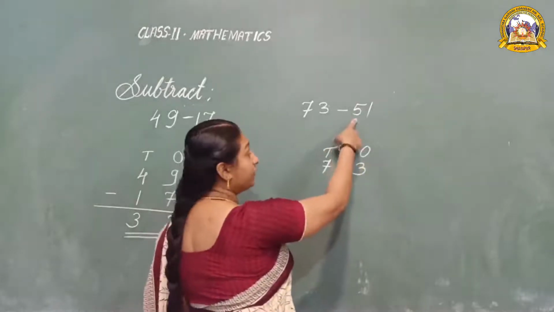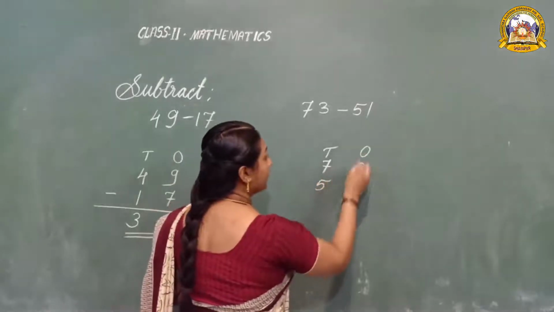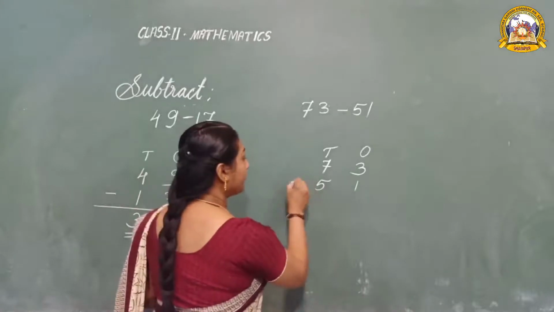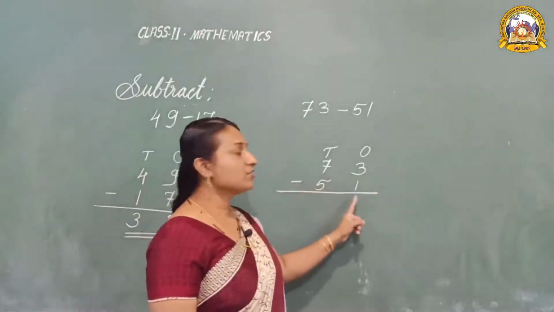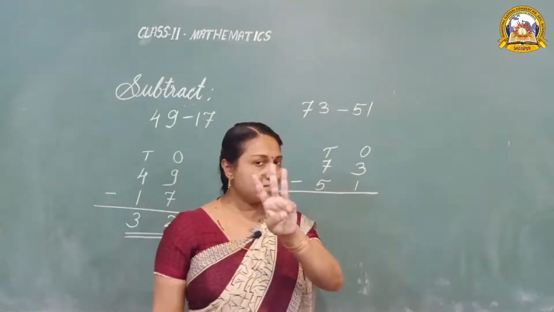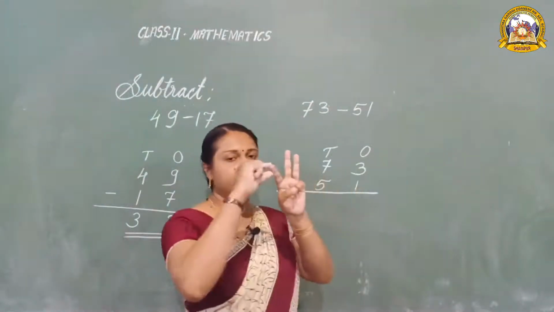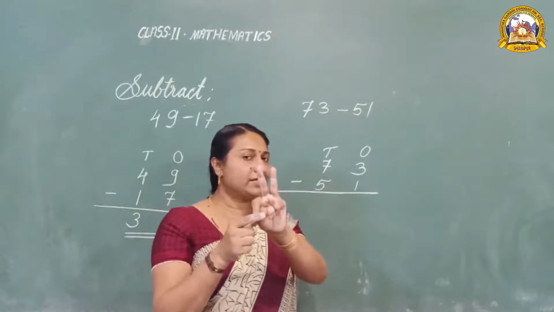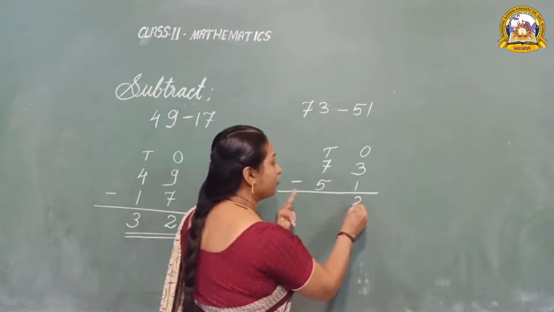In 51, there are 5 tens and 1 one. Let us subtract. Here 3 minus 1. Take 3 fingers. Yes, 3 minus 1. Remove 1 finger. What is remained then? There are 2 fingers. So let us write 2.